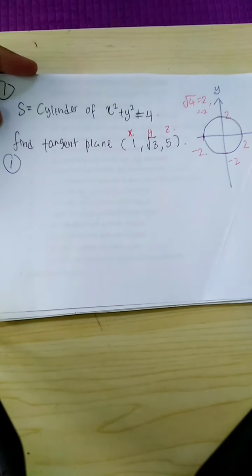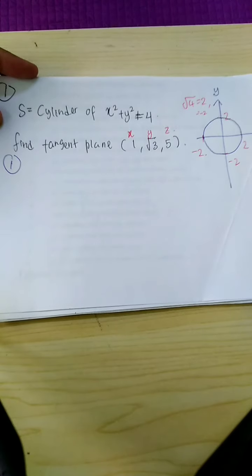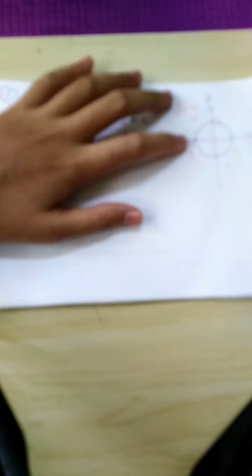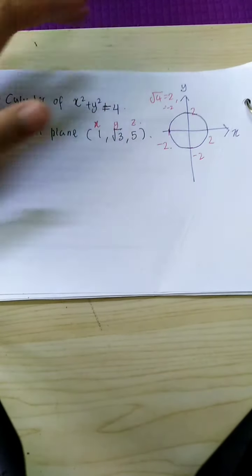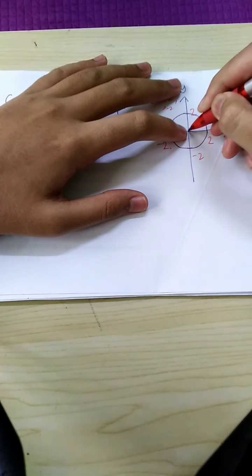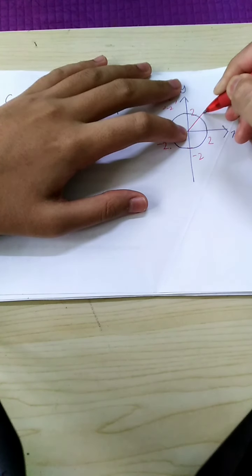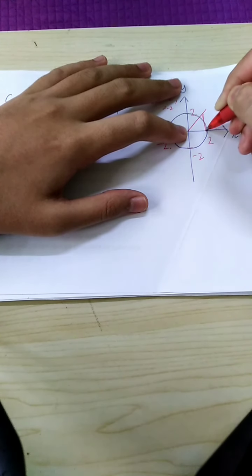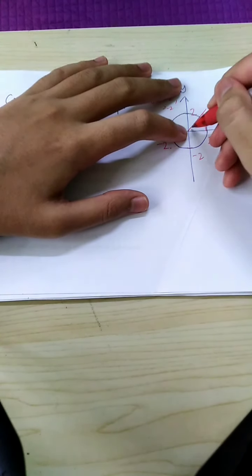Now we parameterize the surface S using theta and z. First, we find theta. Let's take a triangle in this area to find theta.